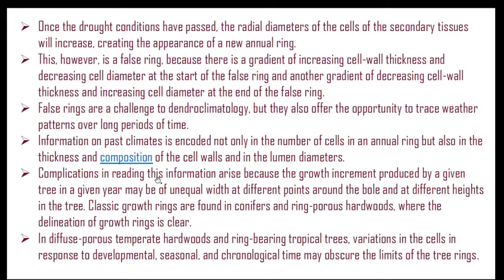Complications in reading this information arise because the growth increment produced by a given tree in a given year may be of unequal width at different points around the tree and at different heights.